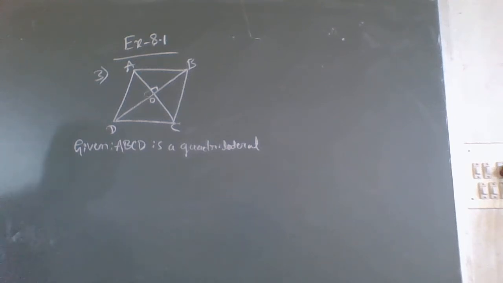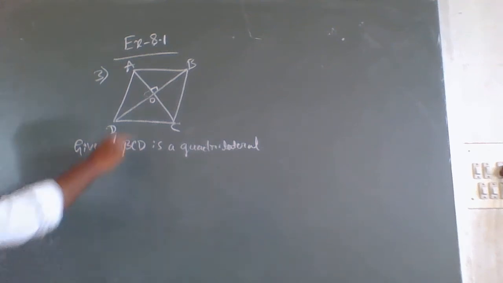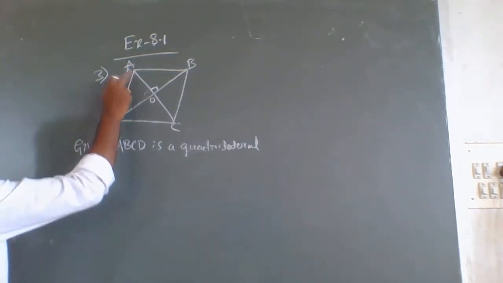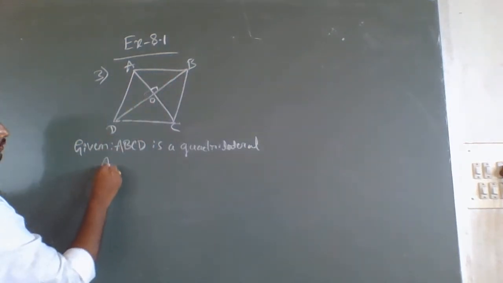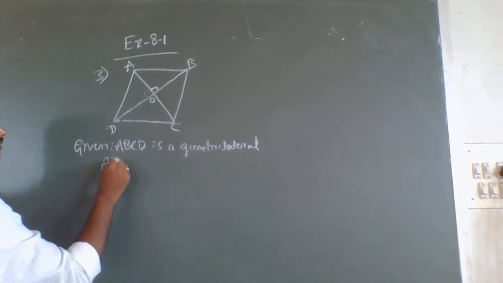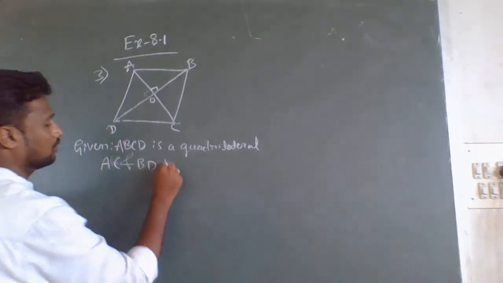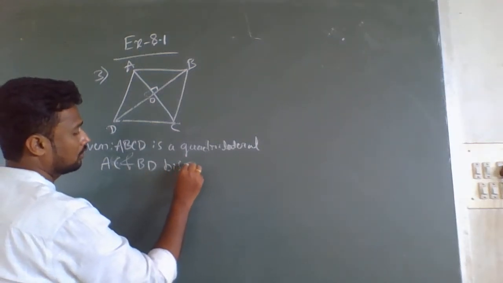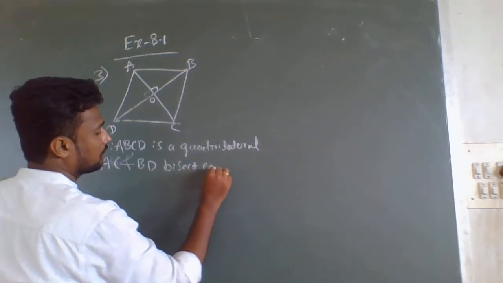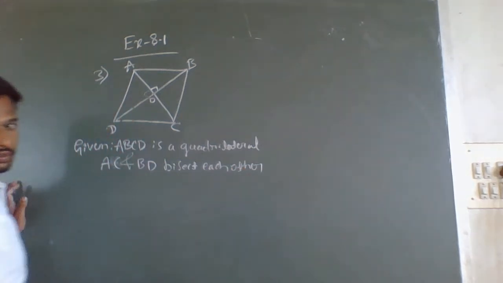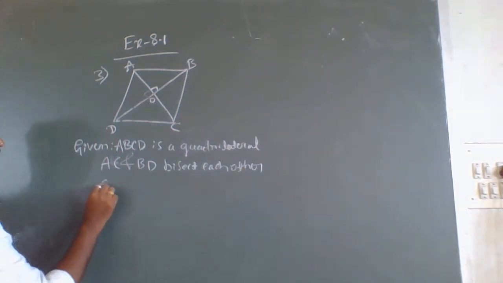They are given that these two diagonals bisect each other at right angle. Therefore AC and BD bisect each other at right angle.